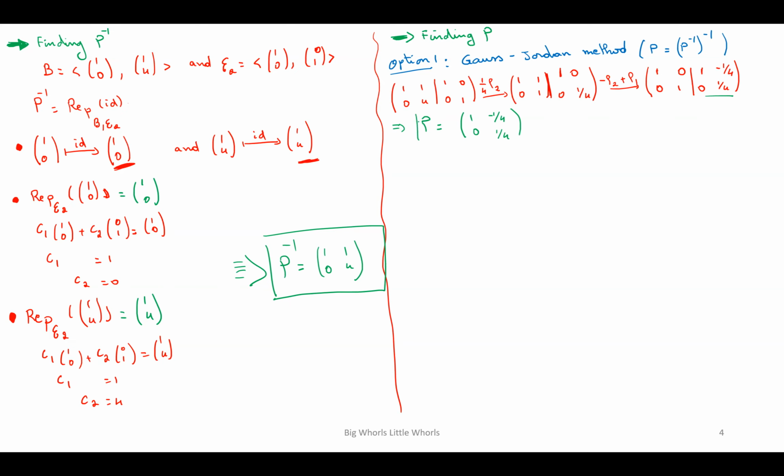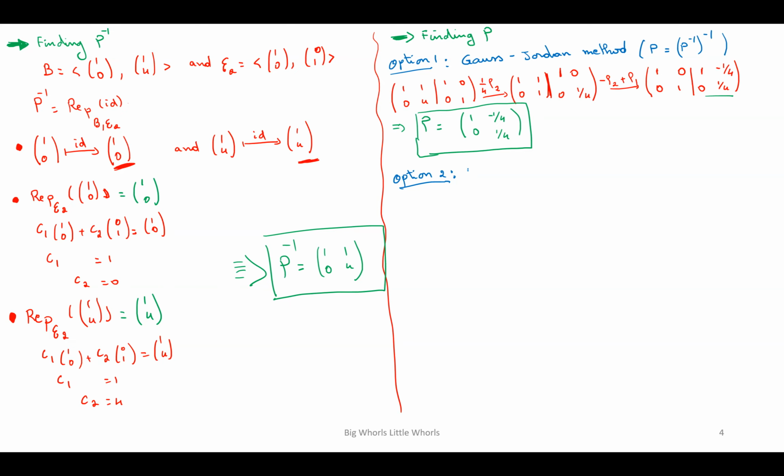Okay, let's see with option 2 if we are going to get the same thing. So we have here option 2, using the following. I'm not sure I'm going to have enough space, but I'm going to squeeze it here so that we can have everything on the same page.